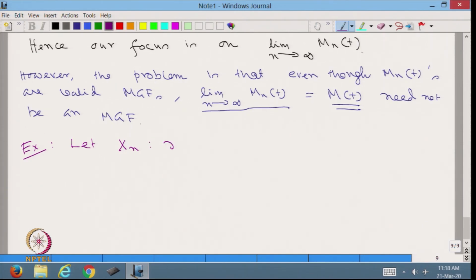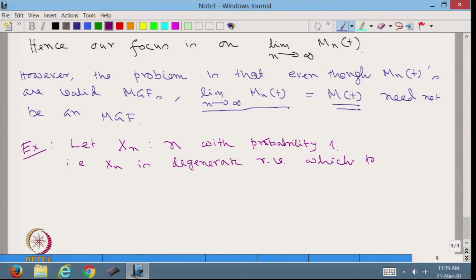It takes the value n with probability 1. That is, Xn is a degenerate random variable which takes the value n.